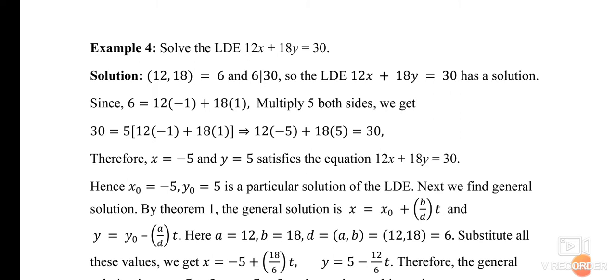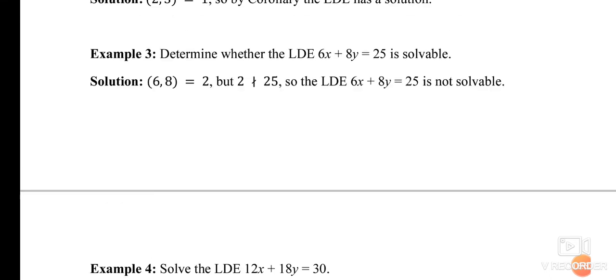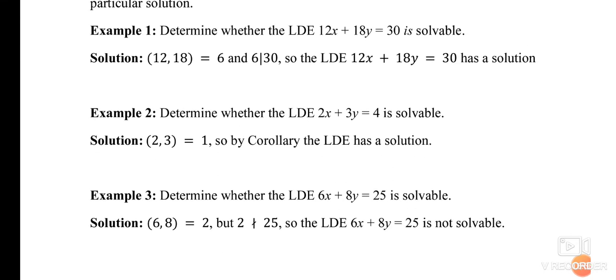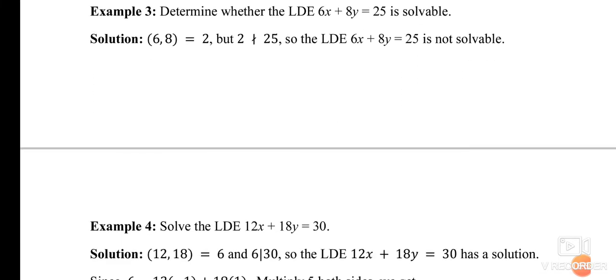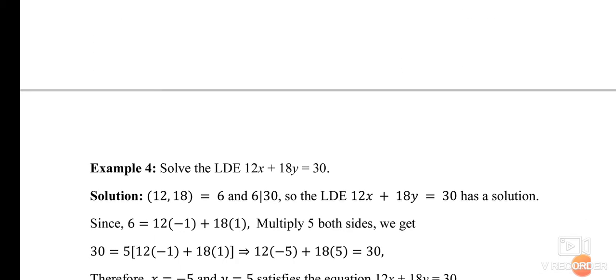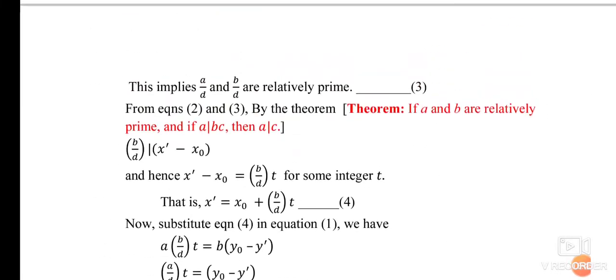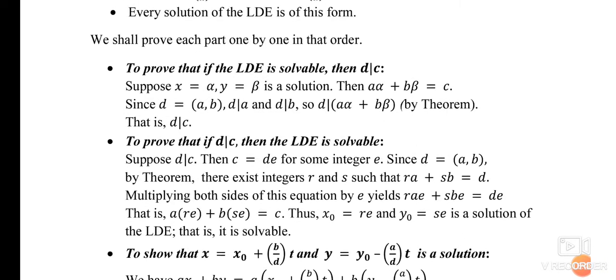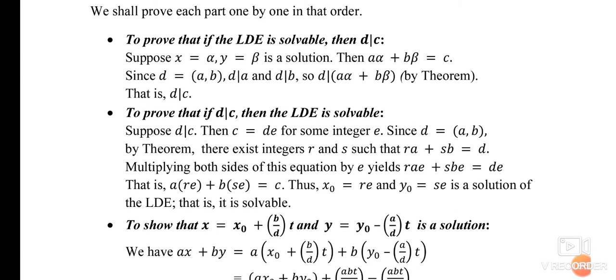In this problem, we are asking for the solution of the LDE. So, first we check whether the LDE has a solution or not. So, see example 1, the same equation 12x plus 8y equal to 30. By example 1, the LDE has a solution. So, to find the solution, we come to the theorem's second part. In this part we prove if d divides c, the LDE is solvable.